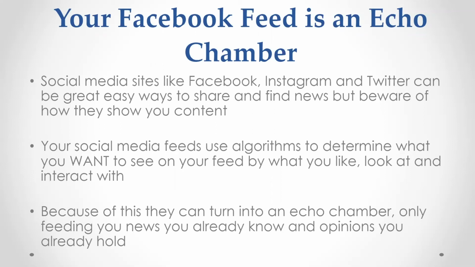So what ends up happening is that the algorithm will feed you news you already know and opinions that you already have, turning your feed into an echo chamber and not really showing you any new information. A great way to combat this is to actively search for new information, and this way you can see the other side of the same opinion.